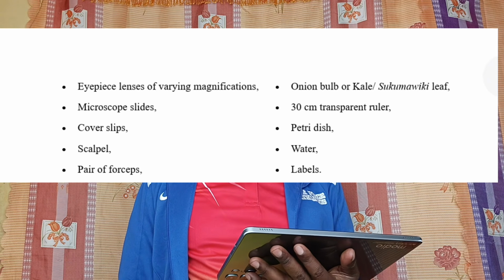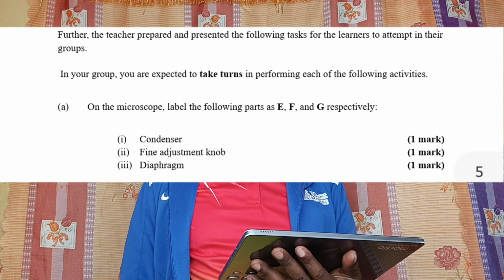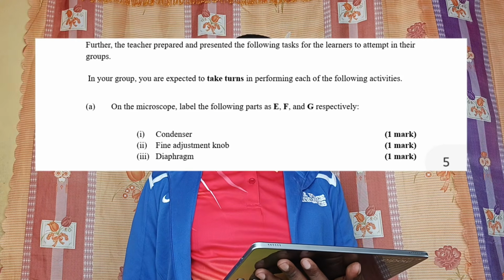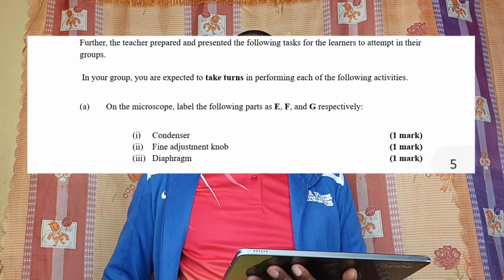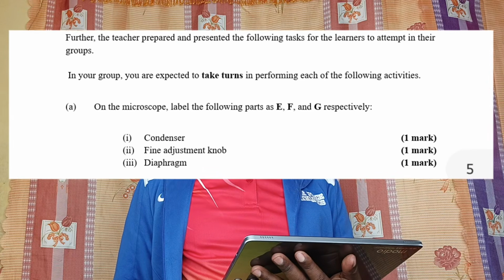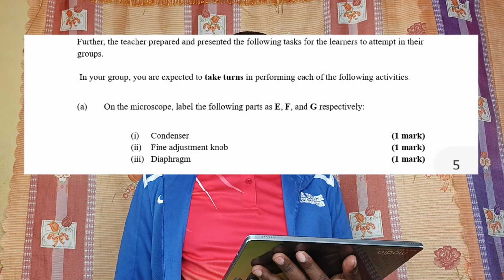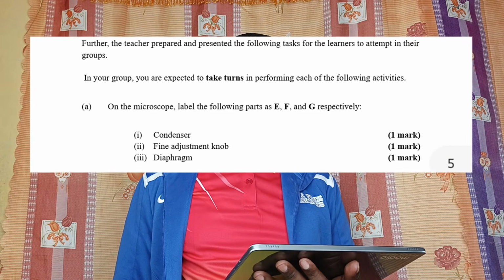Furthermore, the teacher prepared and presented the following tasks for the learners to attempt in their groups. Remember, groups should carry up to 5 members. In your group, you are expected to take turns in performing each of the following activities.